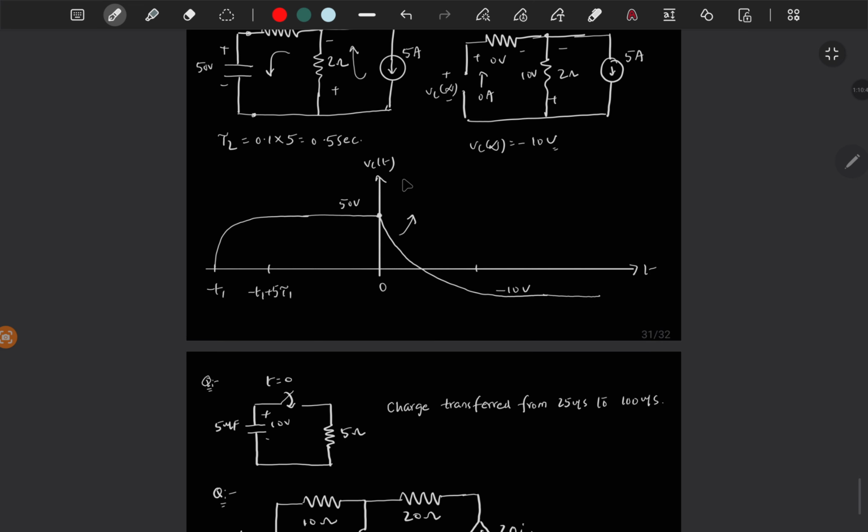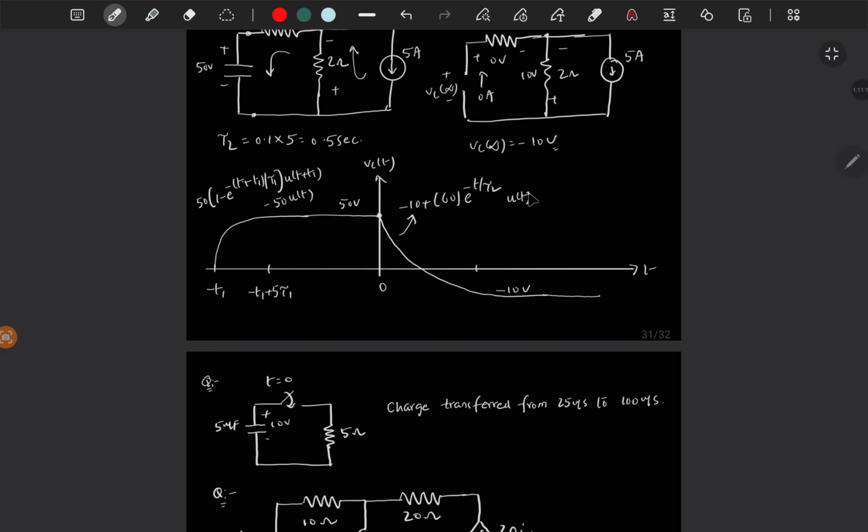So this equation is minus 10 plus 60 e power minus t by tau 2 u of t, and you can also write this equation, which is 50 times 1 minus e power minus (t plus t1) by tau 1 u of t plus t1 minus 50 u of t. So just add these two equations, then you will get Vc of t.